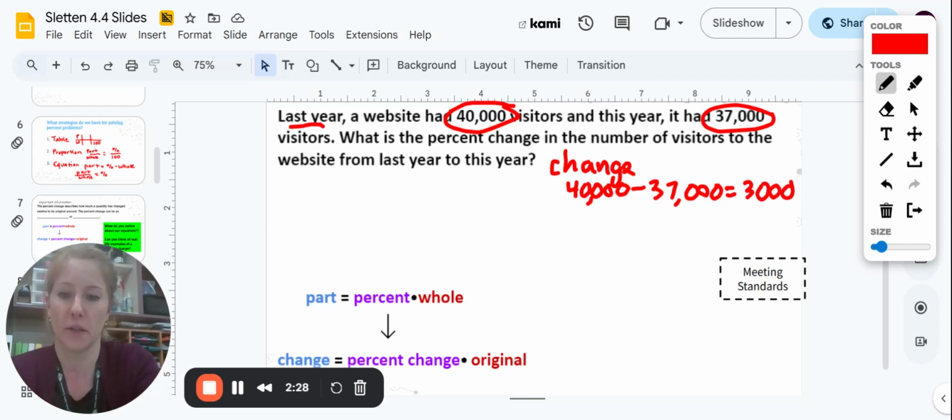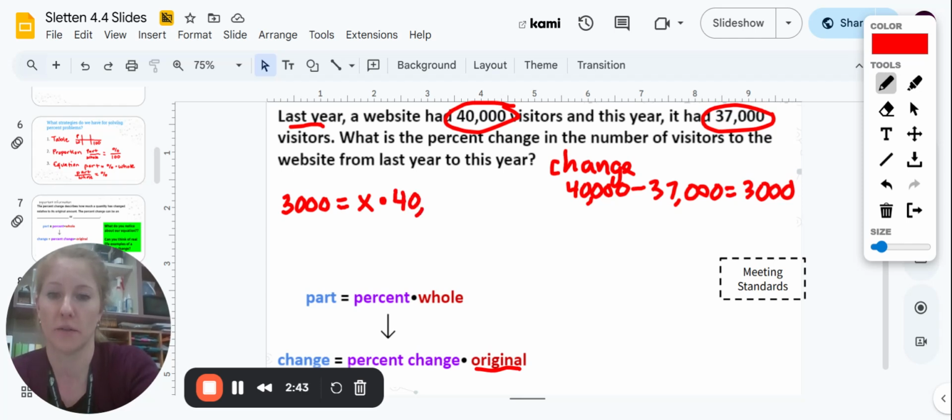So if we want to fill out the equation, the change is the part. So we'd have 3,000. And that equals our percent as a decimal times our original amount, which was the 40,000. It started at 40,000 first, and then it went down to 37,000. Okay, so then x times 40,000 equals 3,000.